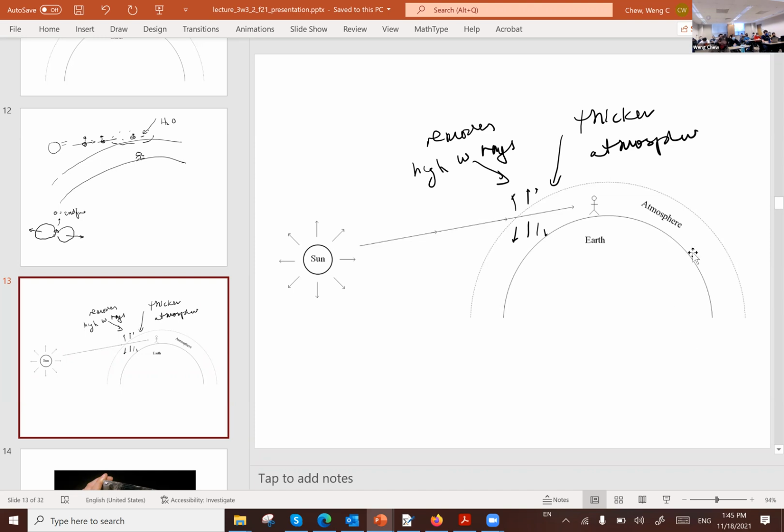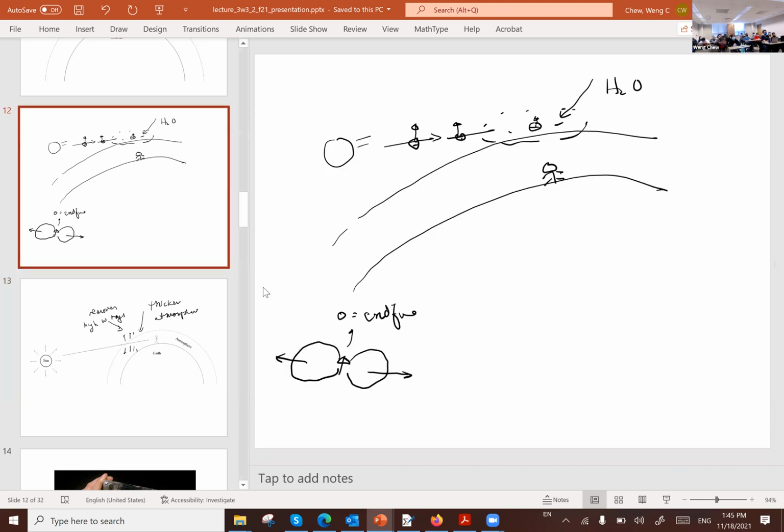Then there's another interesting thing about using light for navigation. Light is randomly polarized as it comes from outer space. When it induces the molecule, the light induces the molecule in vertical or horizontal.